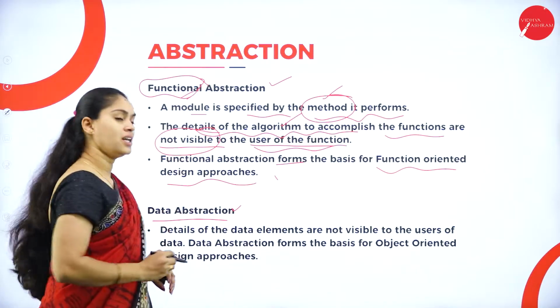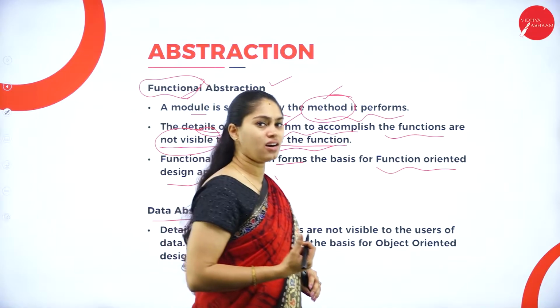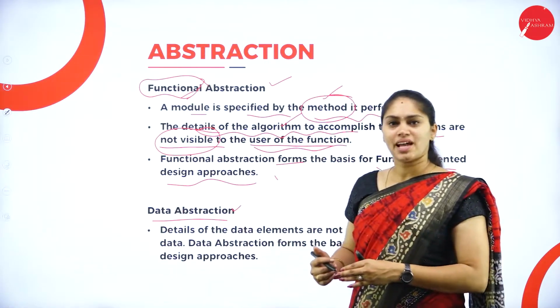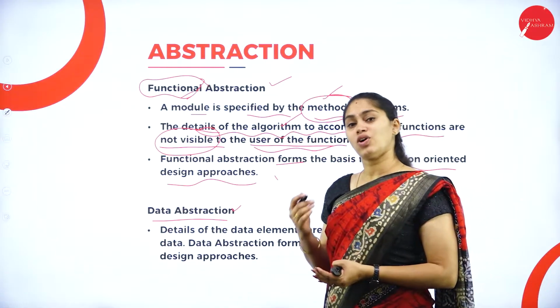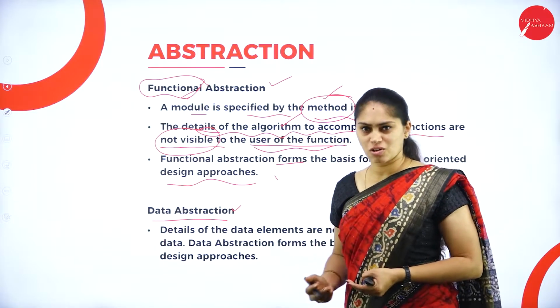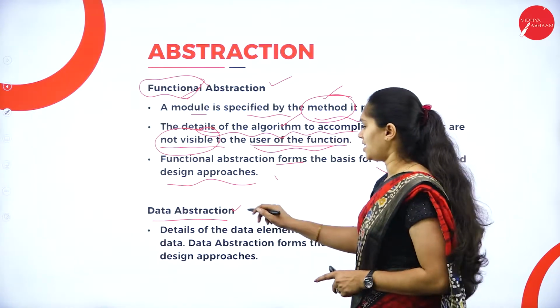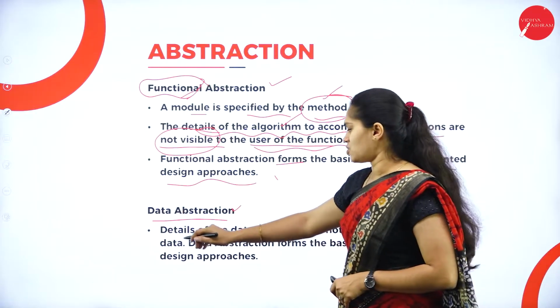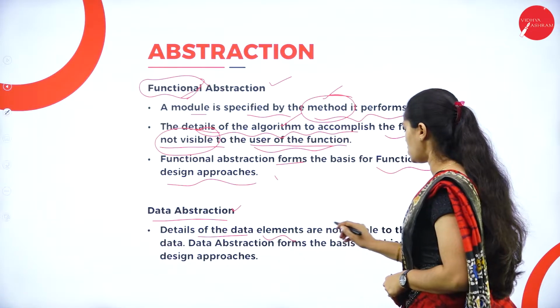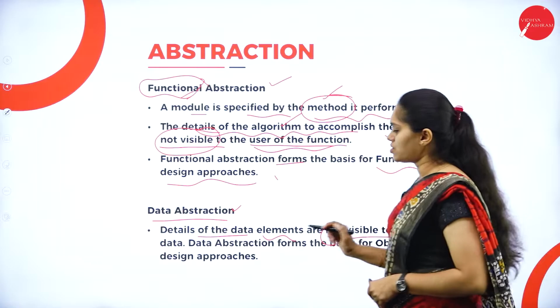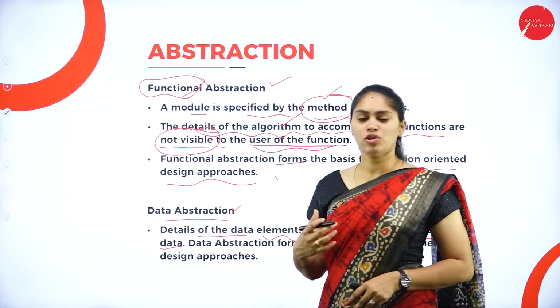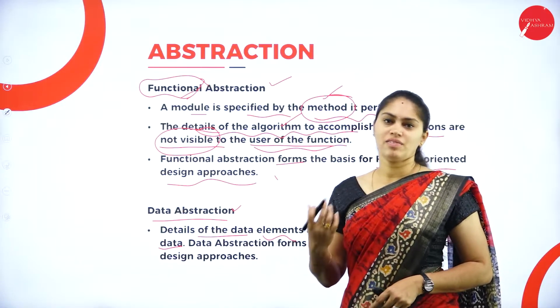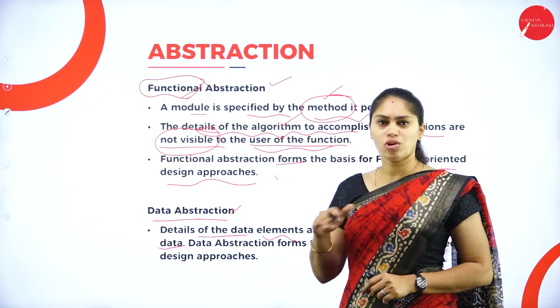Next, we have data abstraction. Here, when we maintain the confidentiality of the data of a software or a system, we call that data abstraction. The details of the data elements are not visible to the user of the data. They won't get to know the source of the data, from where or from whom we are getting it.